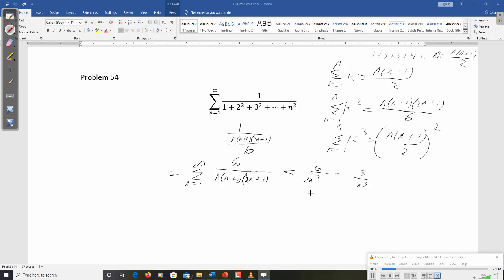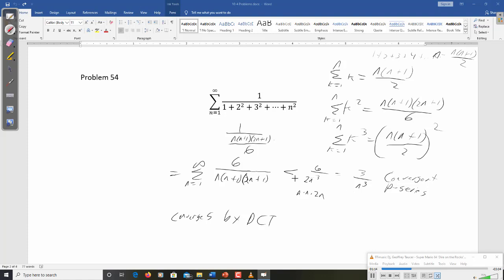Yep, made the denominator smaller, so it becomes n times 2n times n. And this is a convergent p-series. So it converges by direct comparison test.